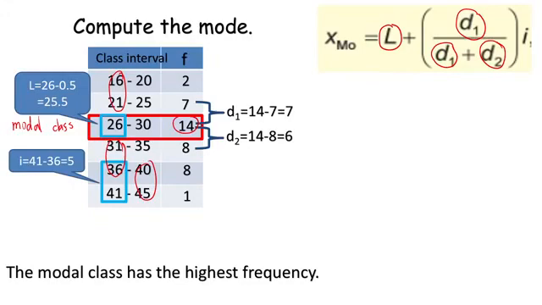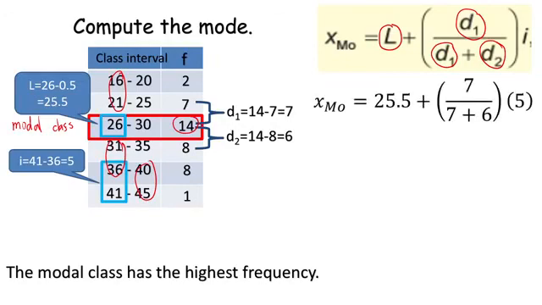That's 41 minus 36, equal to 5. Substituting everything to our formula, it will be 25.5 plus 7 over 7 plus 6 times 5. So adding your denominator, you will get 13 for this.